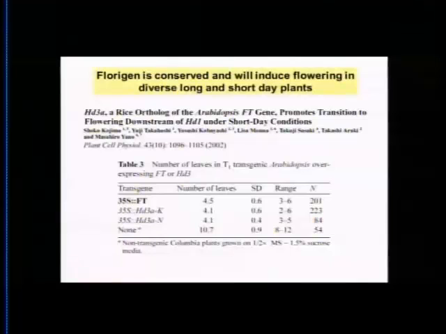With molecular biology and making transgenic plants, we can go far beyond the heterografting that he could ever do. This is one experiment showing that if you take the HD3A gene from rice, which is a short day monocot, and you overexpress it in an Arabidopsis plant, which is a facultative long day dicot, just the presence of that rice FT is sufficient to cause flowering irrespective of the conditions that the Arabidopsis is grown in.